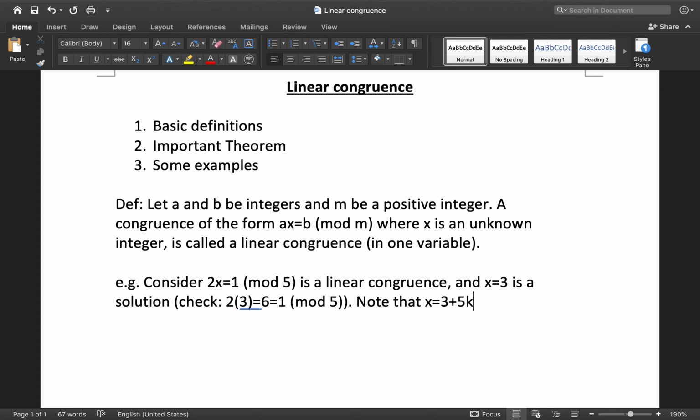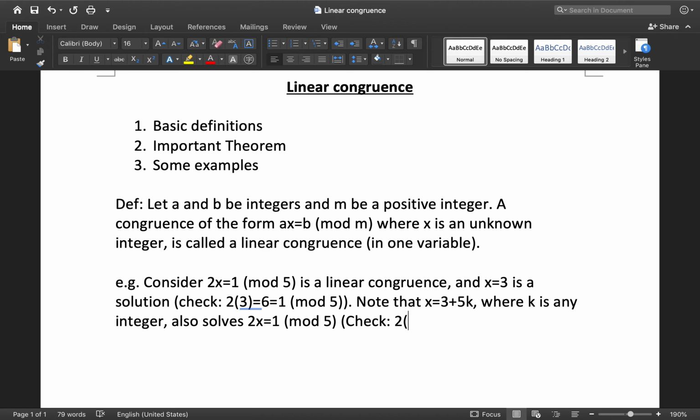So in particular here, x equal to 3 plus 5k, where k is any integer, also solves the equation 2x congruent to 1 modulo 5. Okay, you can check it. Again, it's very easy to check.